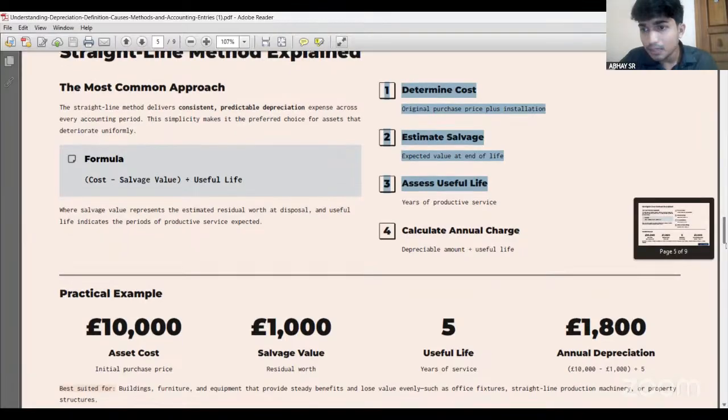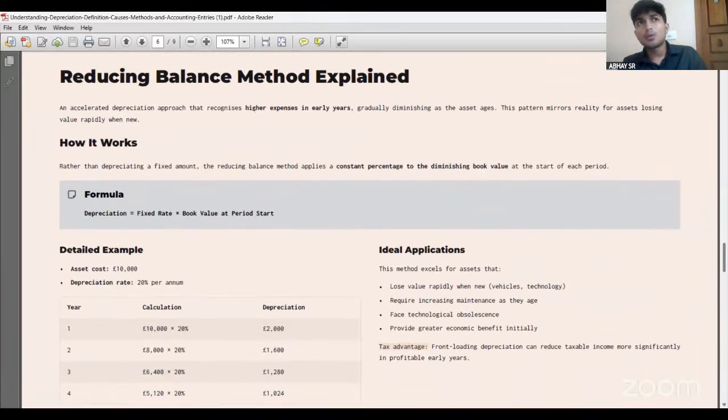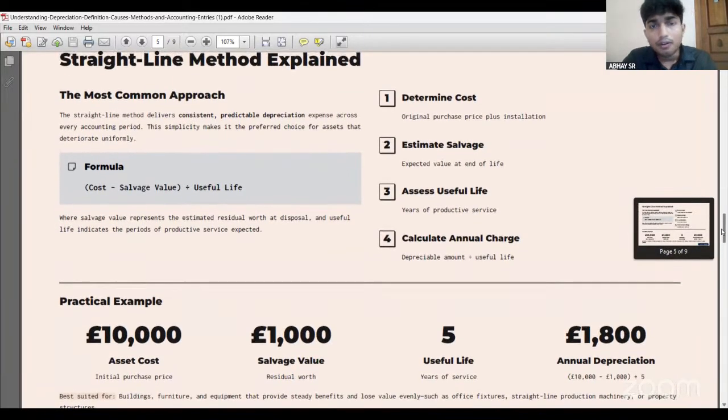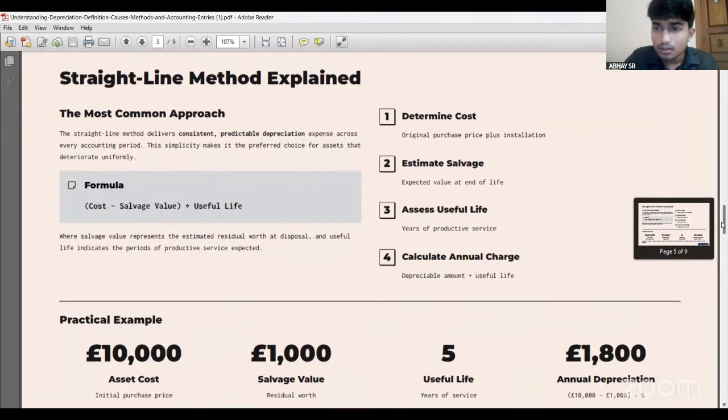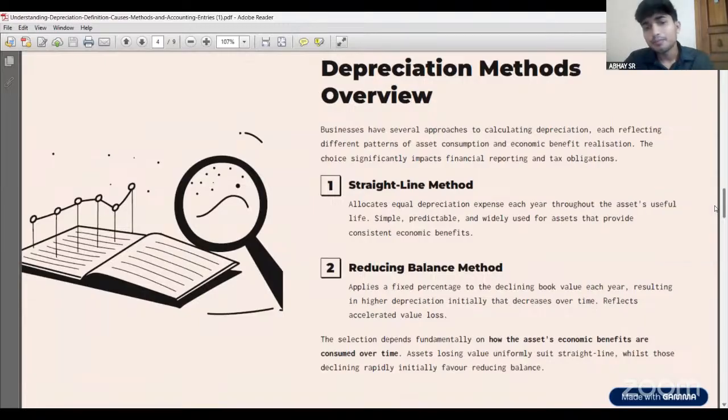But if you see a percentage and they just ask for the depreciation rate or the amount of depreciation, we must calculate using this rate. But if they have given all this information and asked for the straight line method, we must calculate it using the straight line method.